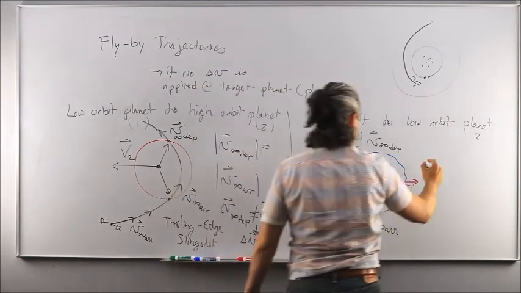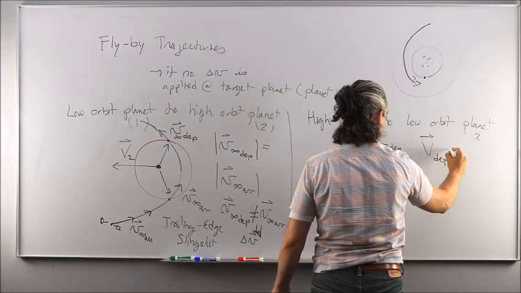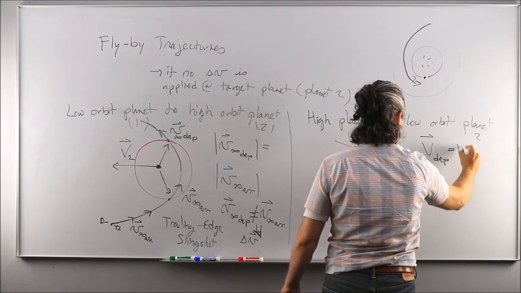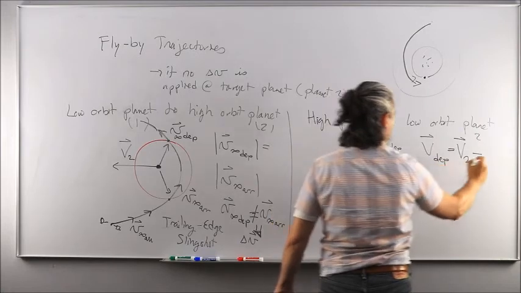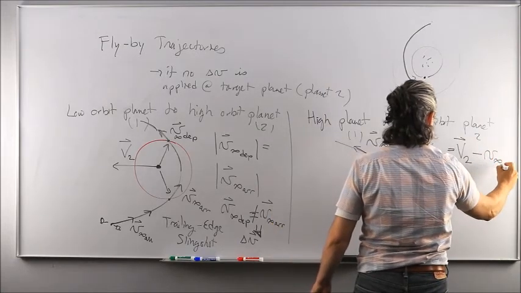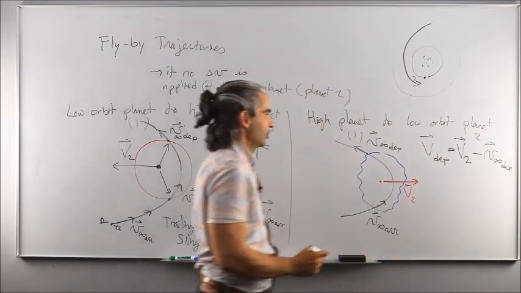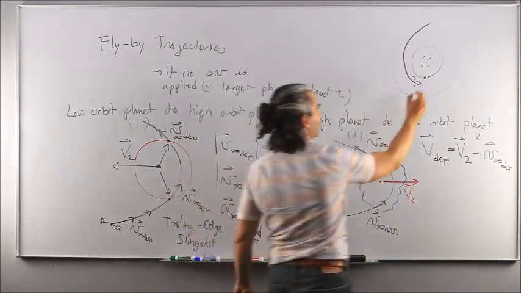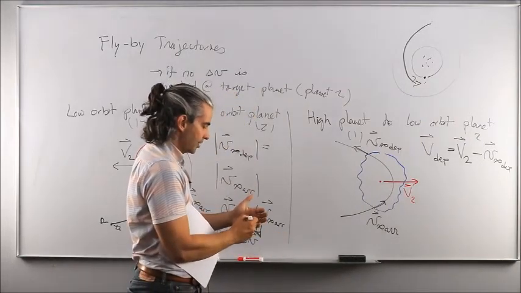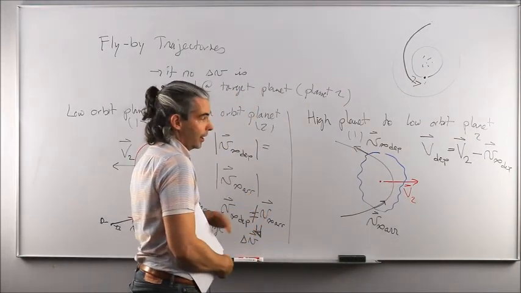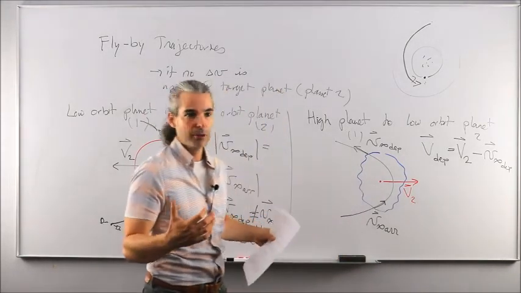which means that the departure velocity of the spacecraft with respect to the sun is going to be v of the planet with respect to the sun minus the V infinity departure. Okay? So you are exiting the planet with a lower velocity than you had before, or you are essentially braking yourself freely without having to open thrusters and apply a retrograde propulsive maneuver.